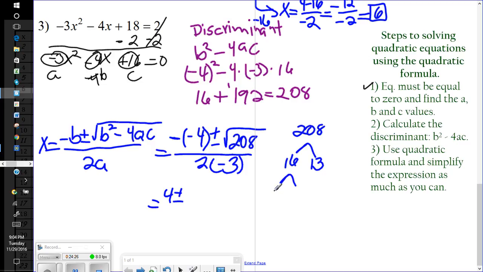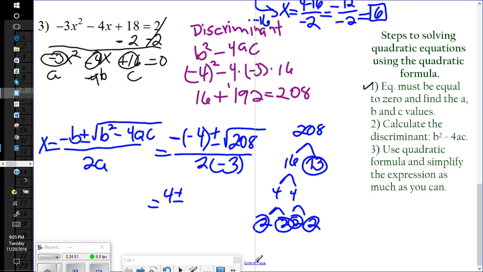Factors of 16 will be 4 and 4. Factors of 13: can I use 1 or 13? That is prime. Factors of 4: can I use 1 or 4? 2 and 2, and 2 is prime. So all those numbers are prime.